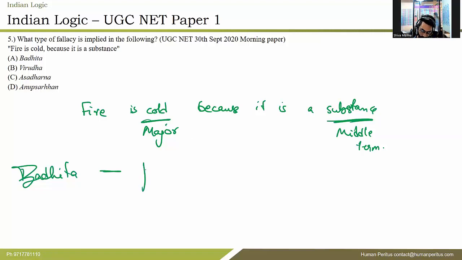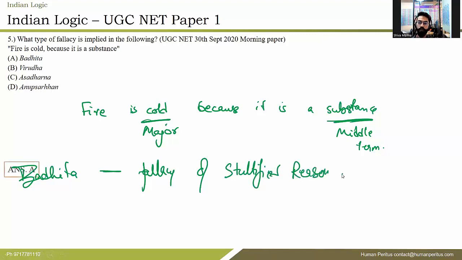is the fallacy of stultified reason, where the middle term of an inference is the non-existence of the major, when the non-existence of the major is ascertained by means of some other pramana.